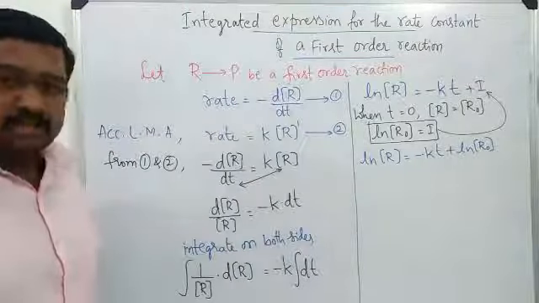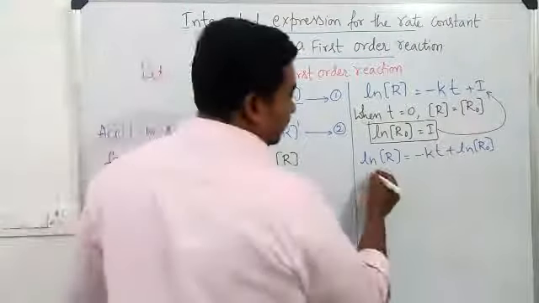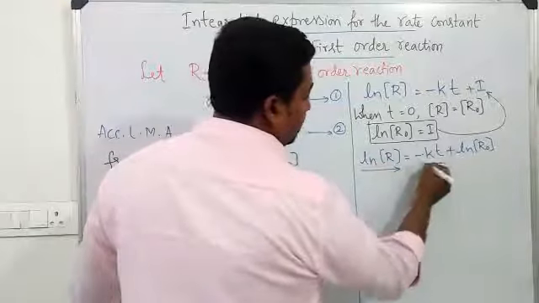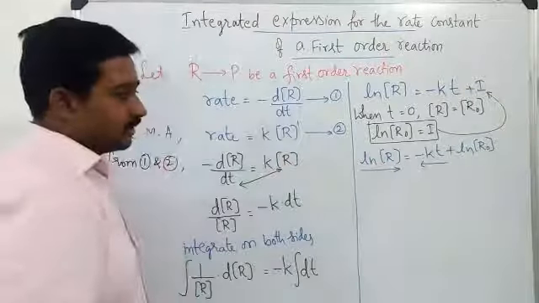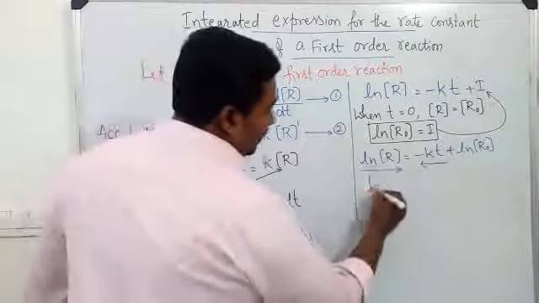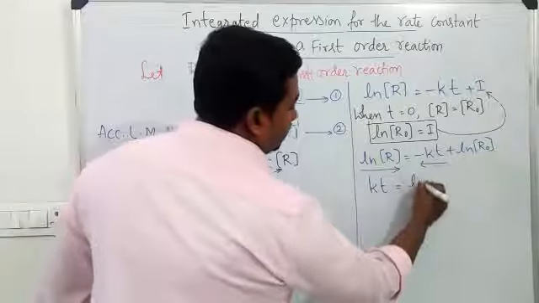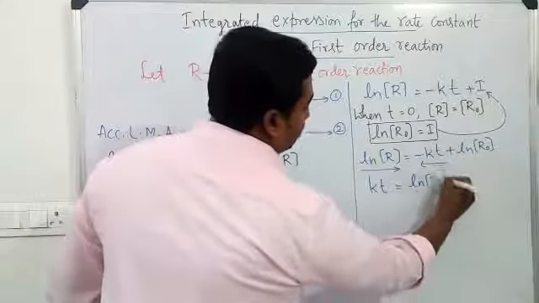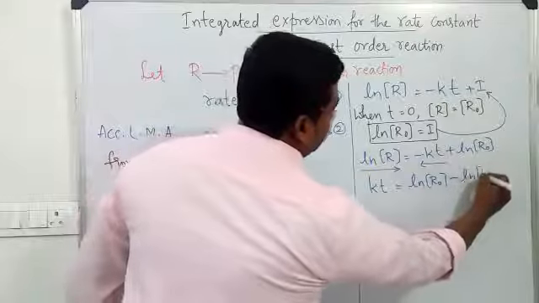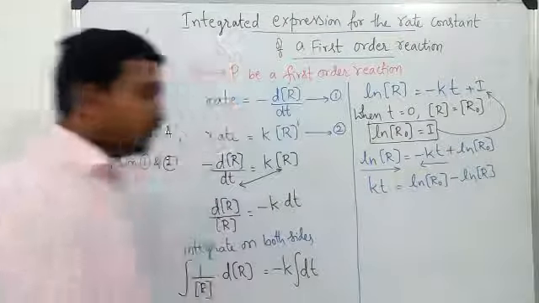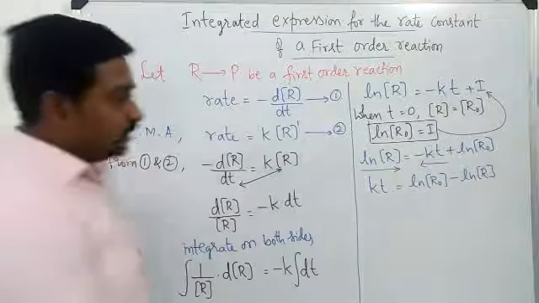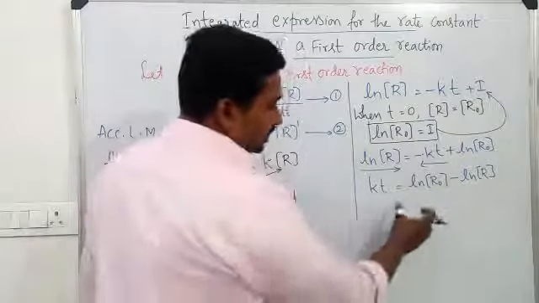Okay. Now once again send ln R to RHS and kt to LHS. Then you will get kt equals ln R0 minus ln R, natural log. And also we know about the logarithm function.